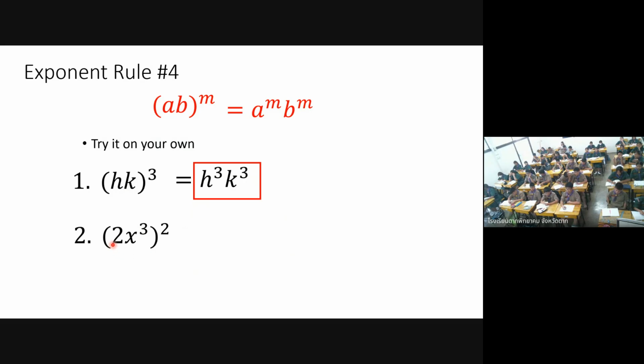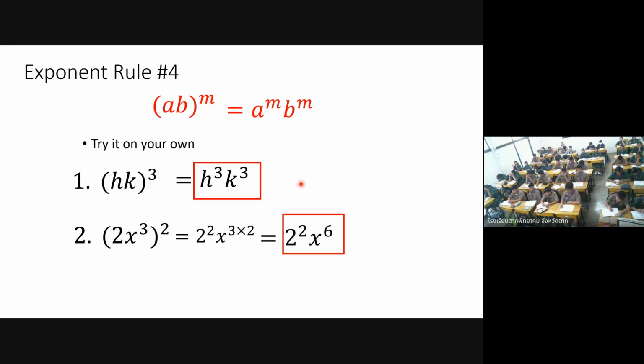What's the power of 2? This is power 1, right? 1 times 2 is 2, 3 times 2 is 6. So we're going to have 2 to the power of 2, X to the power of 6. Again, this is 1. 1 times 2 is 2. 3 times 2 is 6, right? Do you understand?